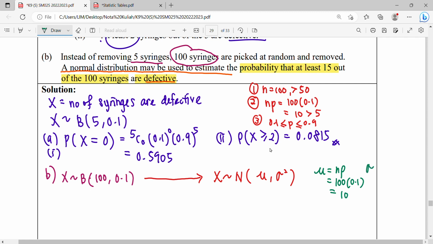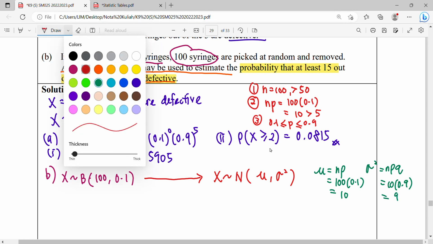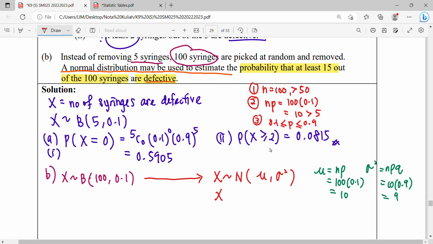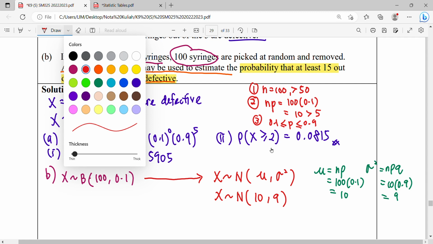How about its variance? npq, 10 times q, 0.9. So you get 9. So now our normal distribution has the parameters 10 and 9. Done.